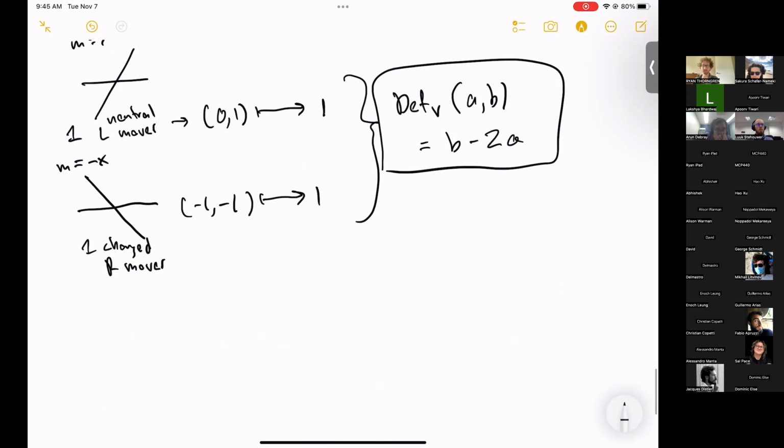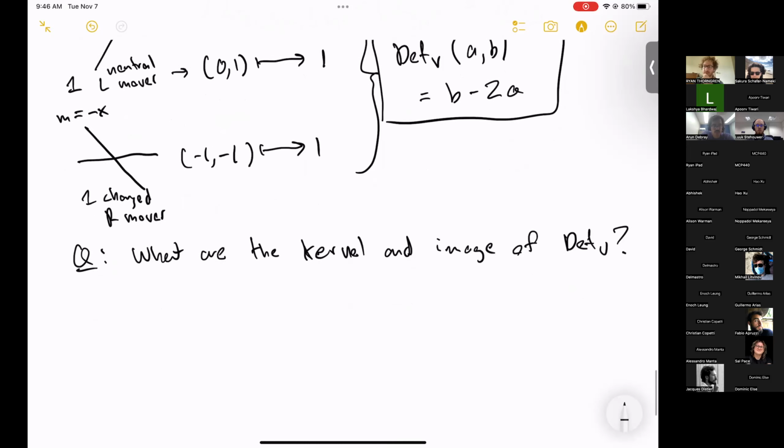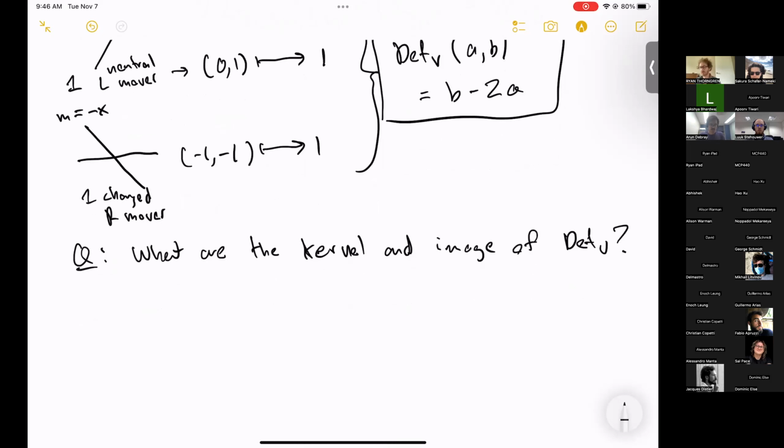But beyond that, the question is, what are the kernel and cokernel of this map? Or let's say the image of the defect anomaly. The image consists of bulk anomalies where we can apply this defect anomaly matching, where we can actually do this dimensional reduction.